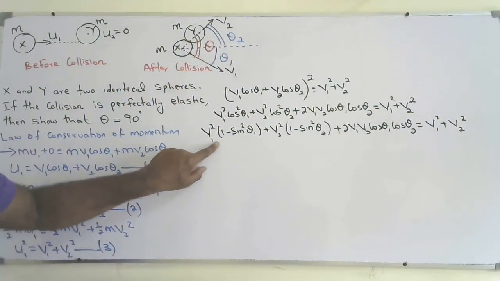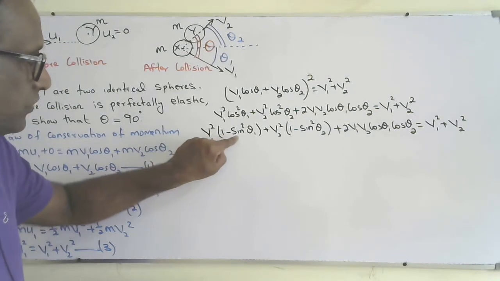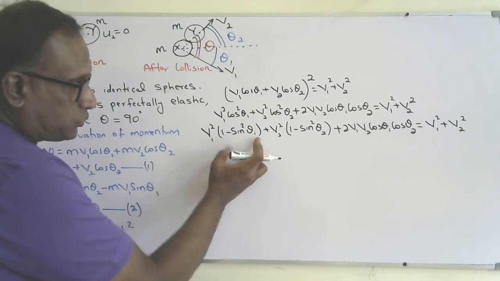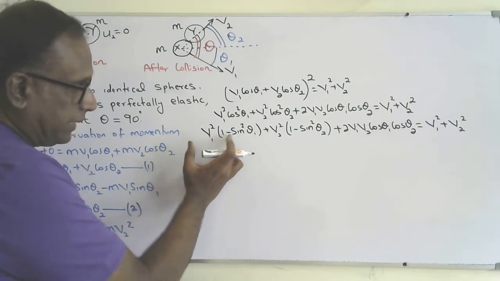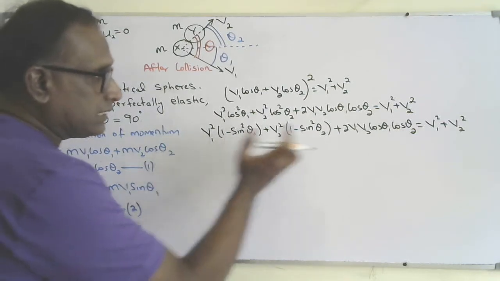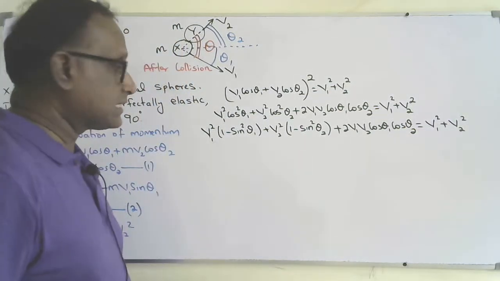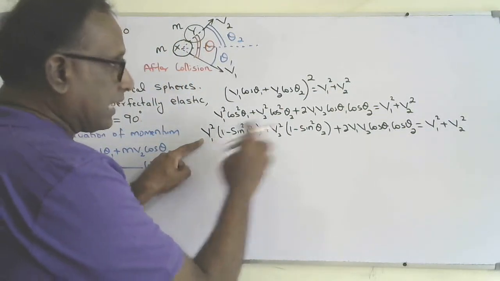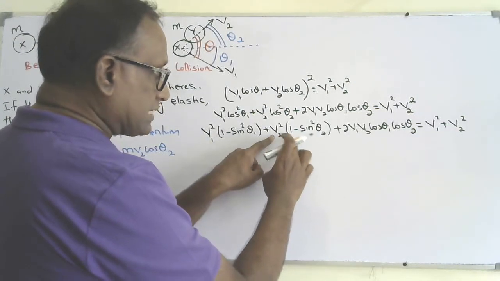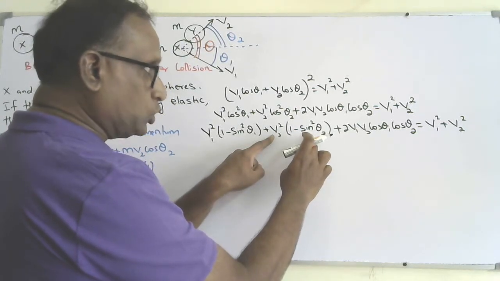Okay, now look at here. If I multiply inside here, there will be V1 squared minus V1 squared sine squared theta 1. So V1 squared here will get cancelled with V1 squared on the right side of the equal sign. Same way V2 squared, if it goes inside, V2 squared minus V2 squared sine squared theta 2 will be there.